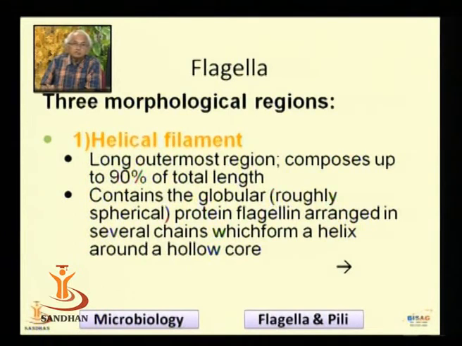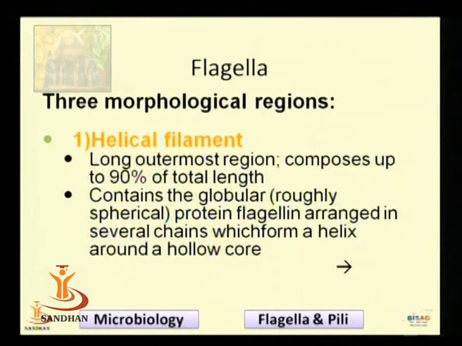The filament part of the flagella is made up of a protein which is called flagellin protein, and as we will see later in a video which we have, the flagella has a tendency of growing at the tip. That is, when the flagellar growth takes place, the individual flagellin units are always added into the growing filament structure such that the latest body places itself at the tip of the flagellum.